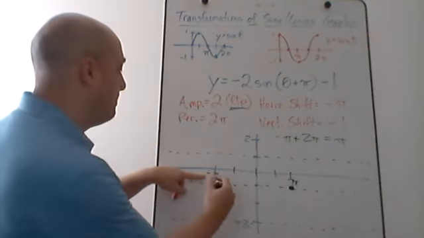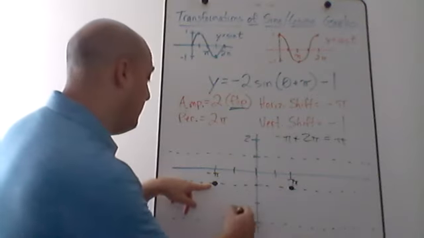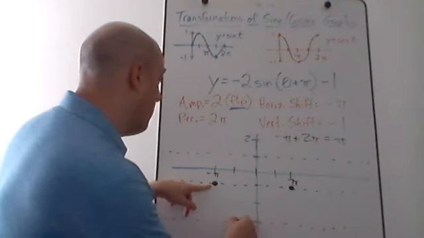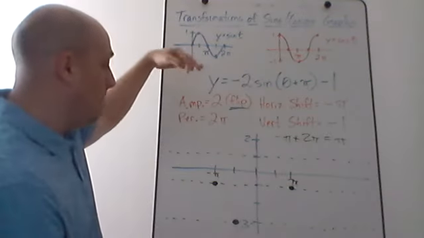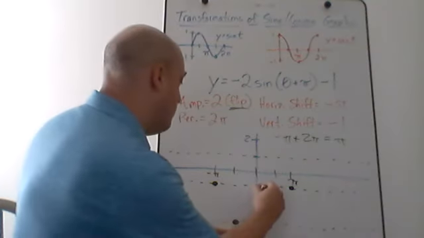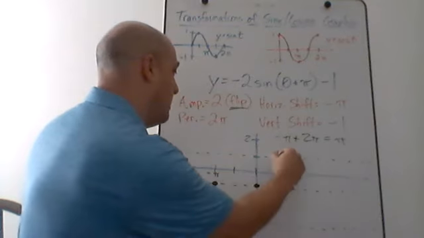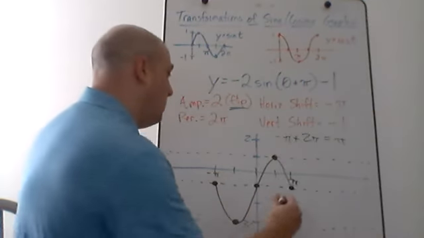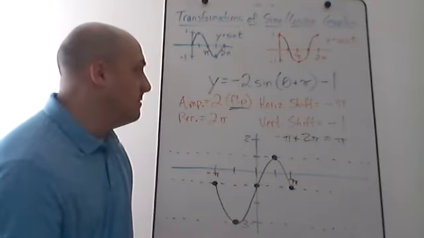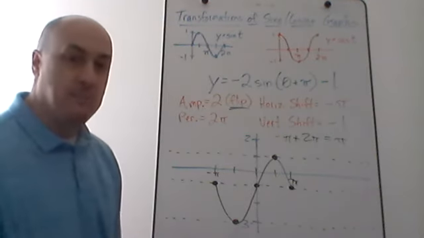So from -pi, since I'm flipping over, I have to go down to the minimum point. Again, because of that negative there, I'm flipping the graph over. So instead of starting upward, I start downward. And then in the middle, back here, and then up to the high point, and then back to the middle. And then there's one period of the graph of -2 sine of theta plus pi, minus 1.